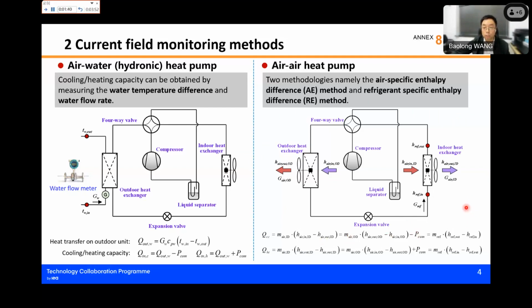Another one, we call the refrigerant specific enthalpy difference method, which means that we need to test the refrigerant mass flow rate and the inlet specific enthalpy of the condenser or evaporator, and the outlet specific enthalpy at the outlet of the condenser or evaporator.